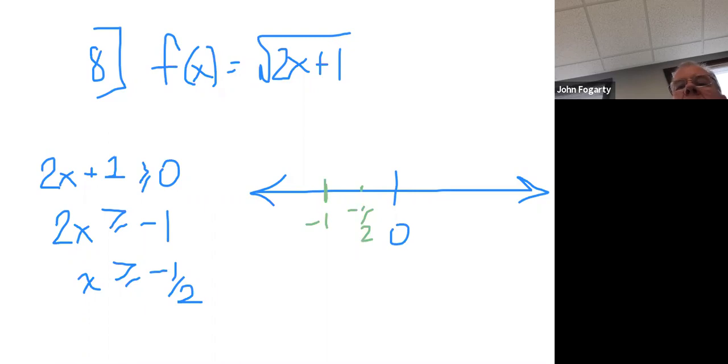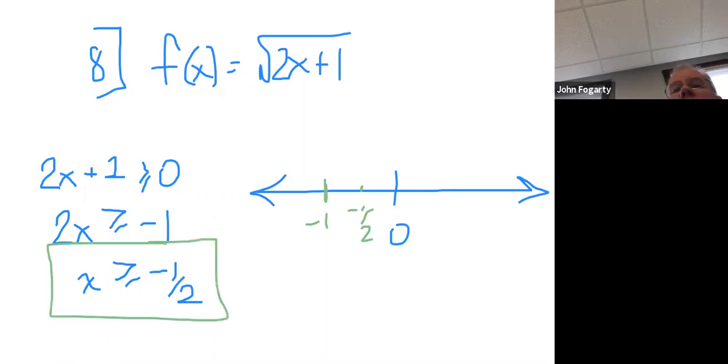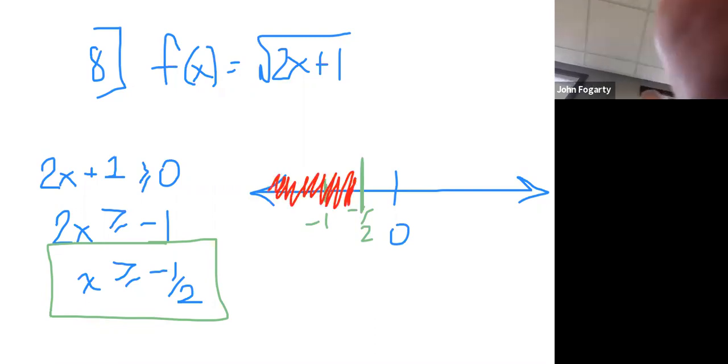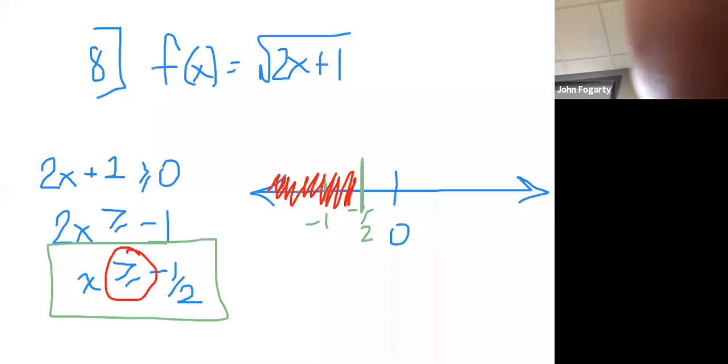What I know is x can be equal to -1/2 or greater than -1/2. But there are no numbers over here that x can be. So my furthest left number is included, so I get a bracket, -1/2.